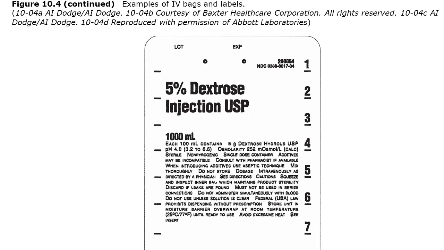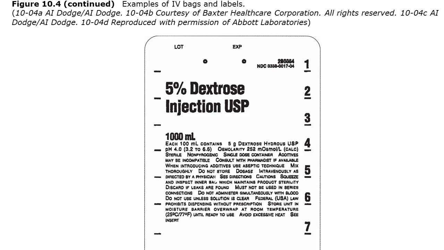One common one is 0.9% sodium chloride or normal saline. There's also half normal saline, which would be indicated by 0.45%. And then, of course, there's quarter saline, which is 0.225%.